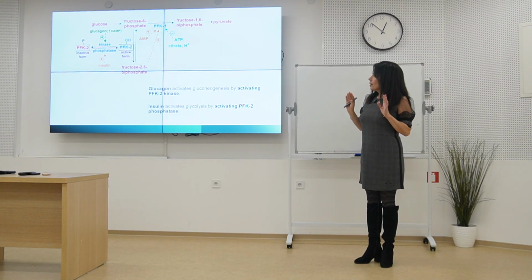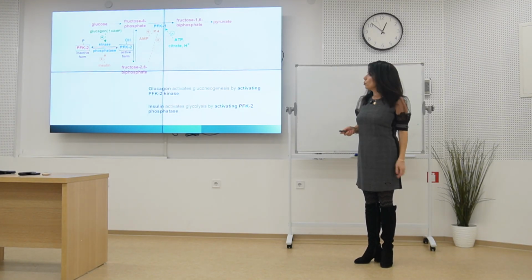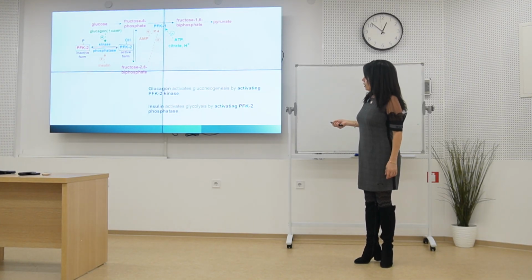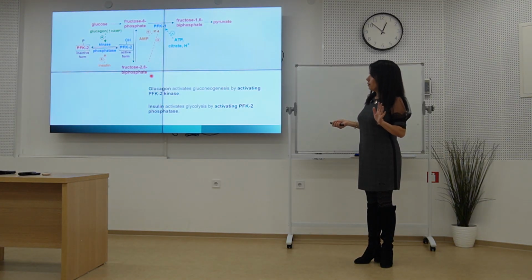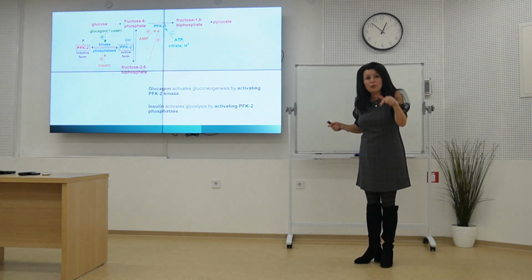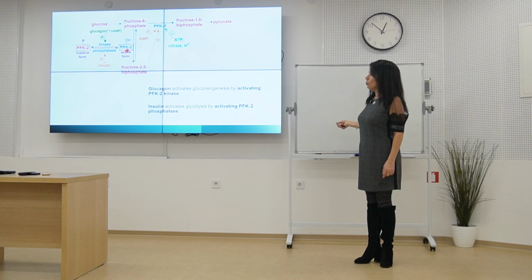But the same compounds act in the opposite direction in gluconeogenesis. I would also like to remind you of the formation of this compound, which is the main activator of glycolysis but the main inhibitor of gluconeogenesis. It is produced thanks to PFK2, phosphofructokinase 2, which is regulated by reversible covalent modification.